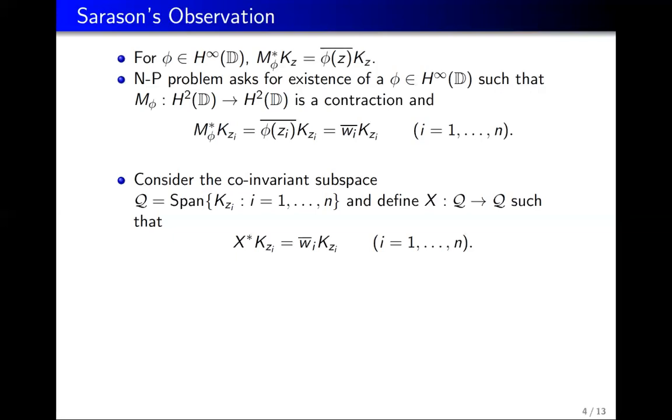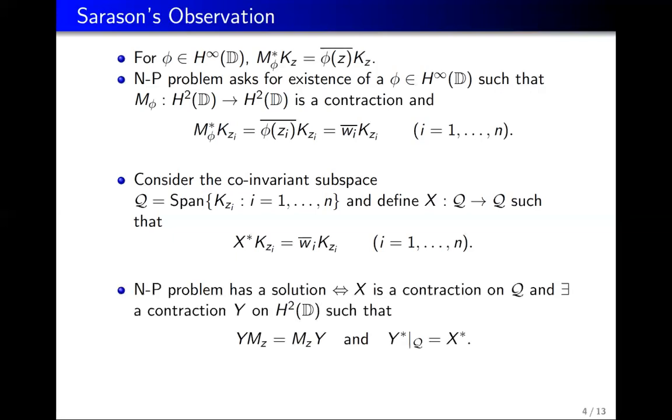That is the same as solving the NP problem. As I told you, the NP problem has a solution if and only if the operator X is a contraction, and X star has an extension to an operator Y star, where Y is a contraction and Y commutes with M_z.